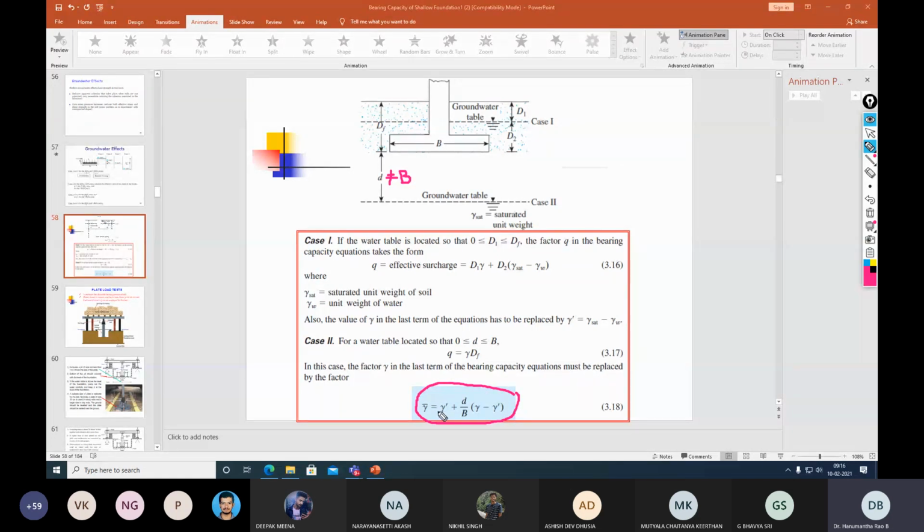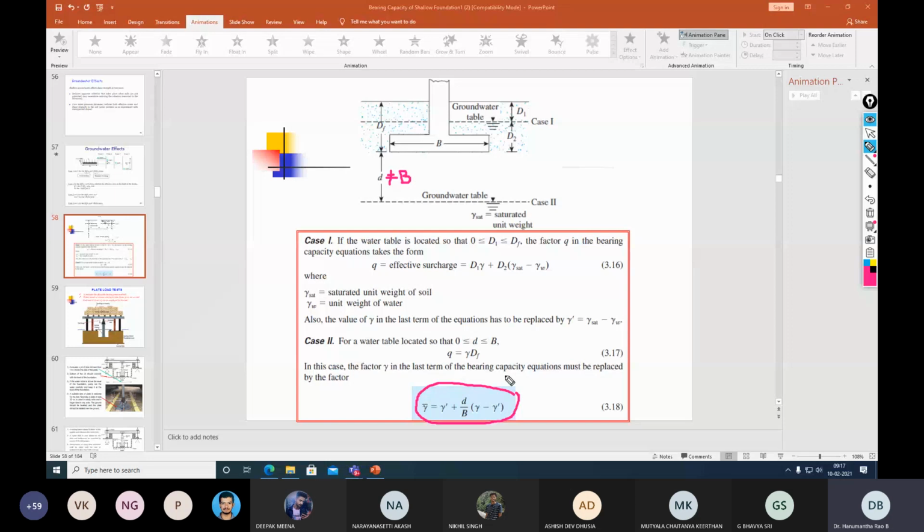So this gamma bar shall be used in place of gamma in the half gamma B N gamma term. So this is how one can account for the effect of the groundwater on the bearing capacity.